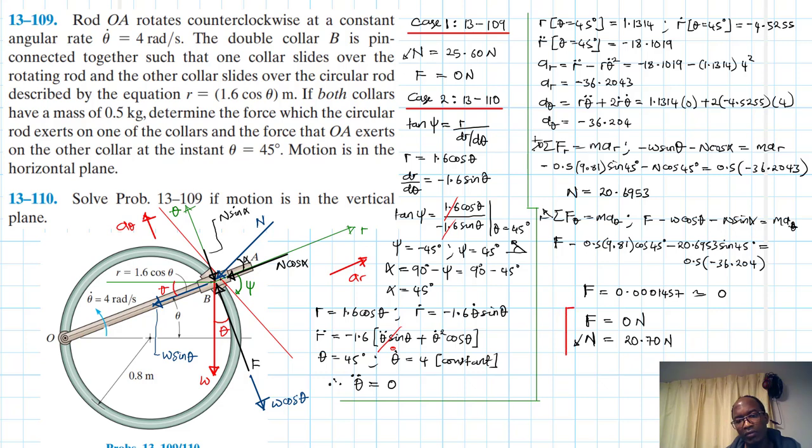So we still have a 0, and the only thing that changes is the normal reaction force, N. In the first case it was higher, but once the weight of the collar was included in the vertical plane, the normal force reduced.